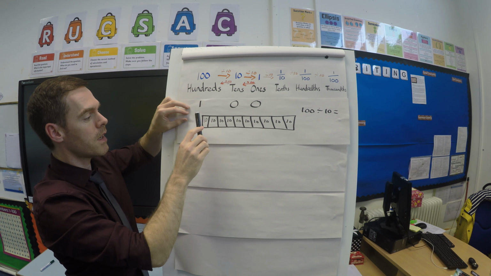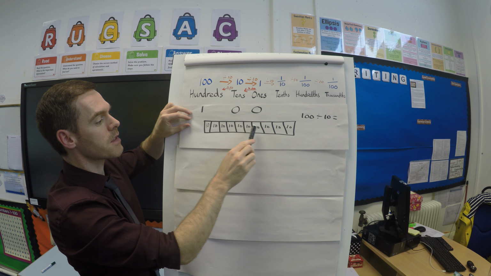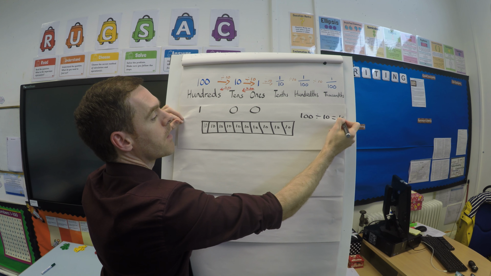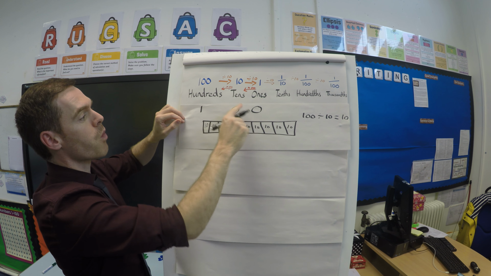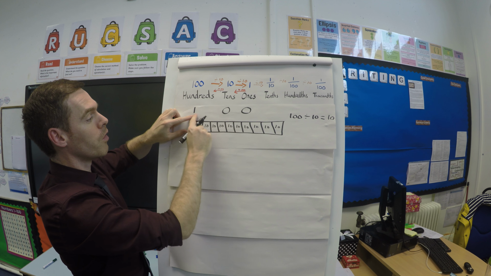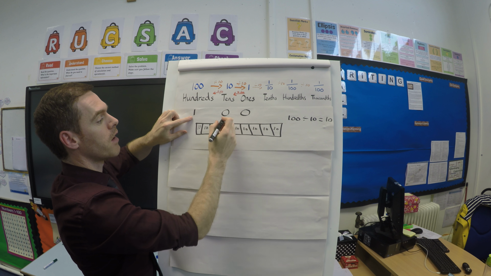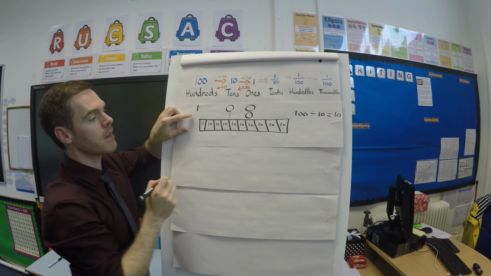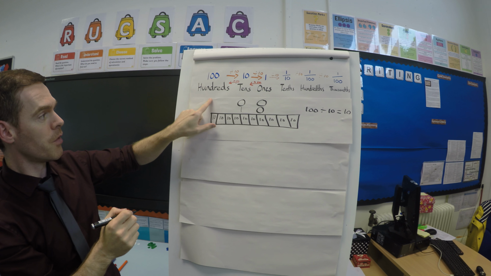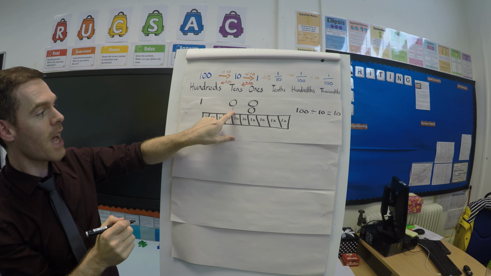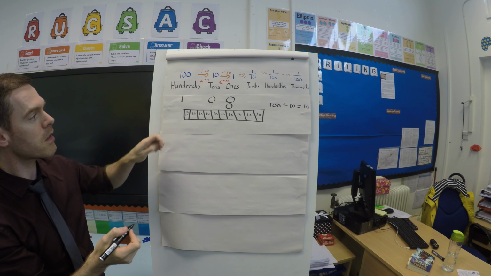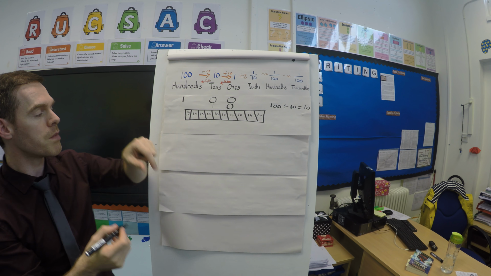If I count them up, 10, 20, 30, 40, 50, 60, 70, 80, 90, 100. 100 divided by 10 gives me 10, okay? Which is why my place value will move down 1. The 100, after I've divided it by 10, will become 10, okay? And you can see the 100 has now moved to the tens column, okay?